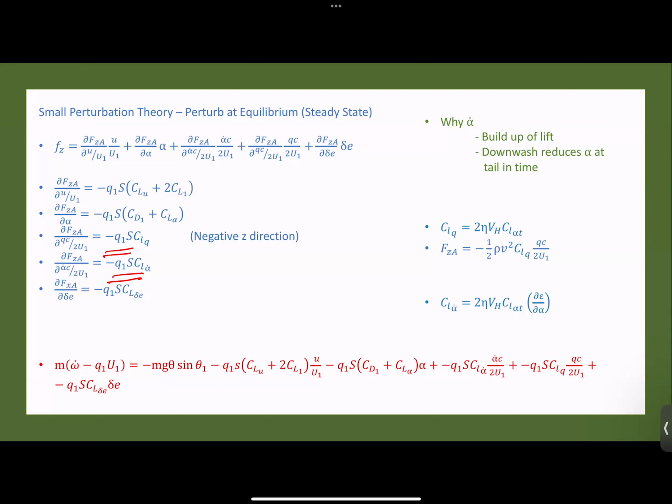The lift is generated in the negative Z direction, right? So Z is downward, and lift is generated upward. That is why there is a negative sign there, because you have the CLQ and CL alpha dot terms, okay?